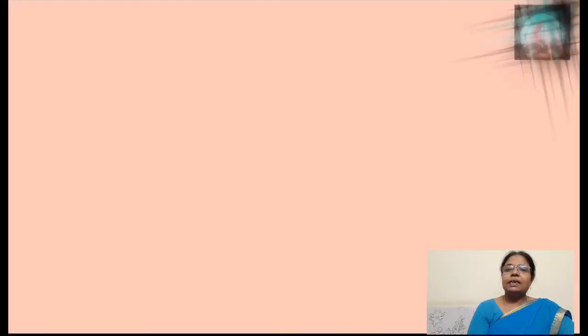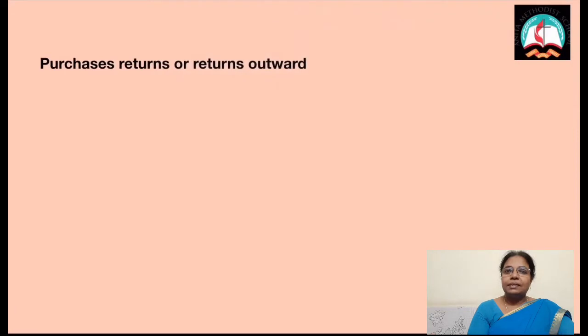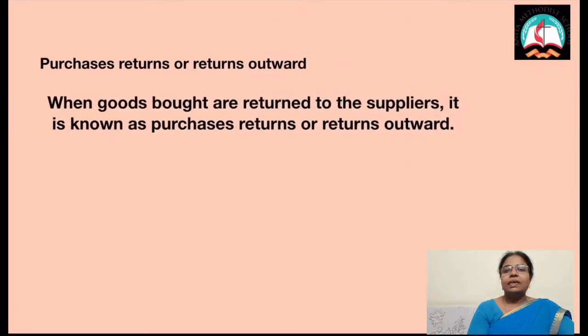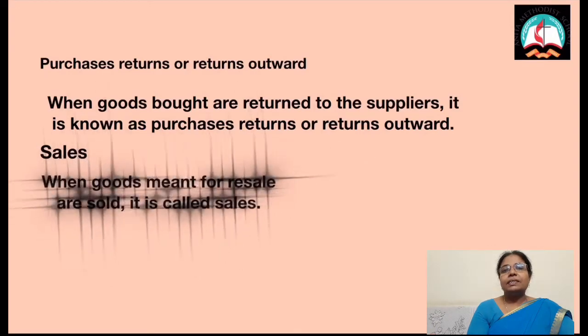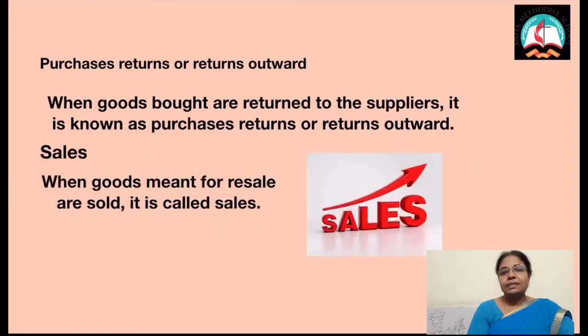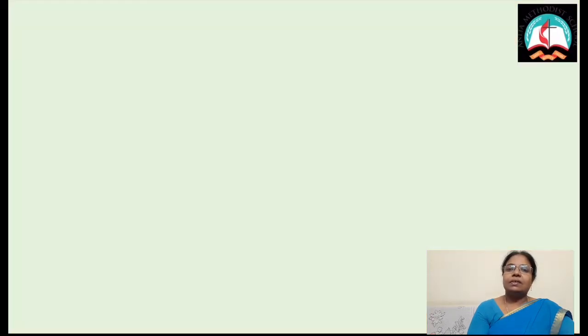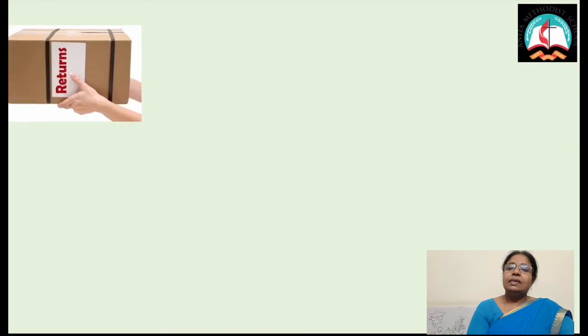Next, we will see about purchases returns or returns outwards. When will we return the goods? When they are defective. So when goods bought are returned to the suppliers, it is known as purchases returns or returns outwards. Sales. Sales means when goods meant for resale are sold.